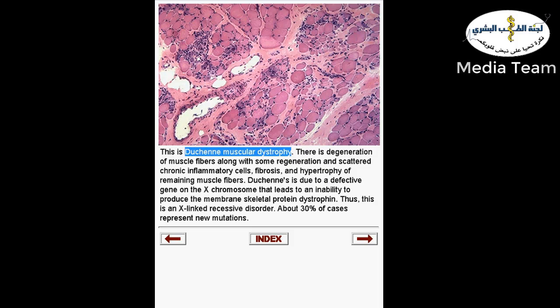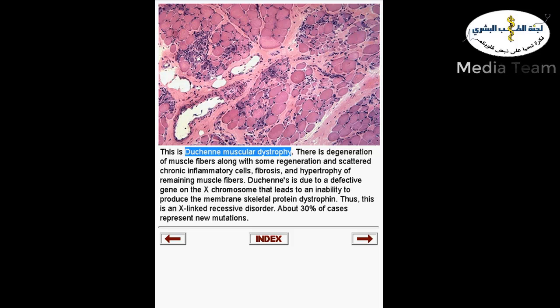From its name, it's actually a problem in a membrane protein in the skeletal fiber membranes. We call this protein dystrophin, and it is produced by the dystrophin gene. They carry the same name: the dystrophin gene produces the dystrophin protein, which localizes on the membrane to stabilize the muscle fibers.